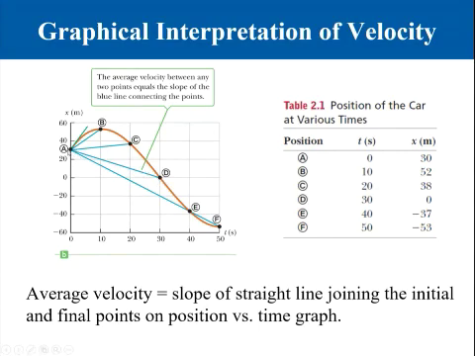The change in x from this point to that point is 30 meters, and the change in time from here to here is 30 seconds. You divide 30 meters by 30 seconds, so it would be 1 meter per second, and so on and so forth.